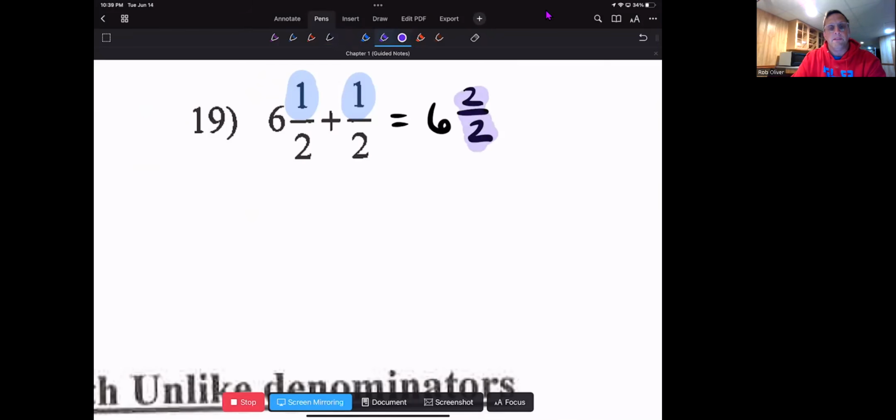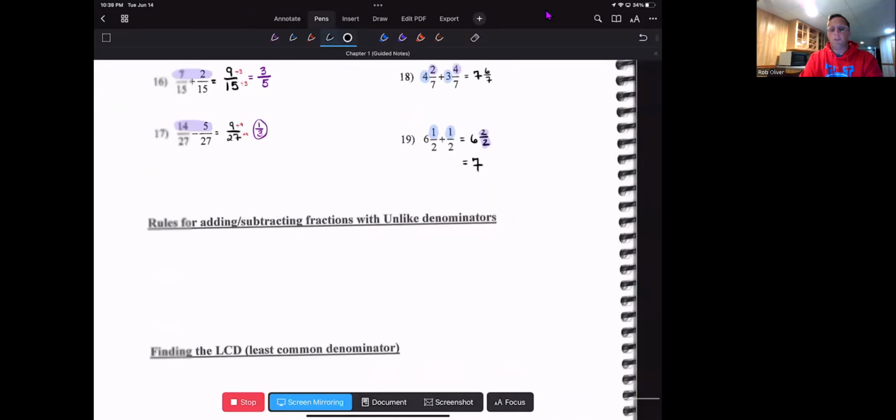Whenever a fraction is over itself, it equals 1. Now the answer to this is not 1, it's going to be 6 plus 1. So that's going to be 7. That's the answer for that one. Okay. So those are pretty easy.